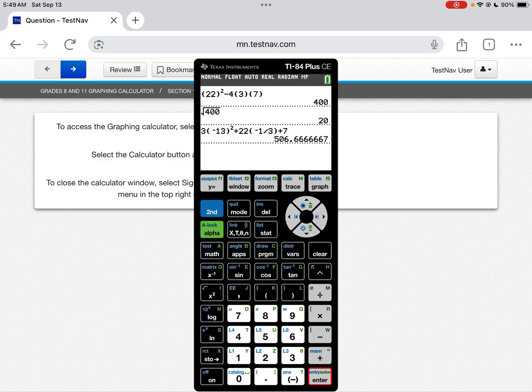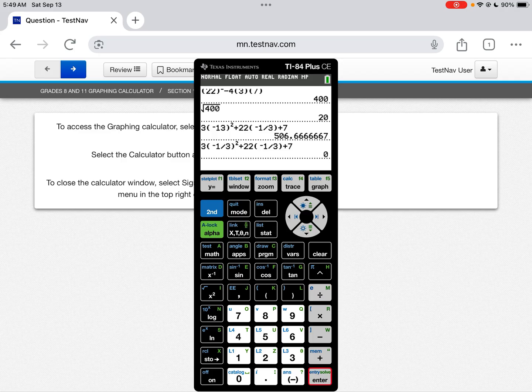And I don't. Oh, that's because I did not type this in correctly. I need the fraction bar, second inner, fraction bar. There we go. Now we get 0.